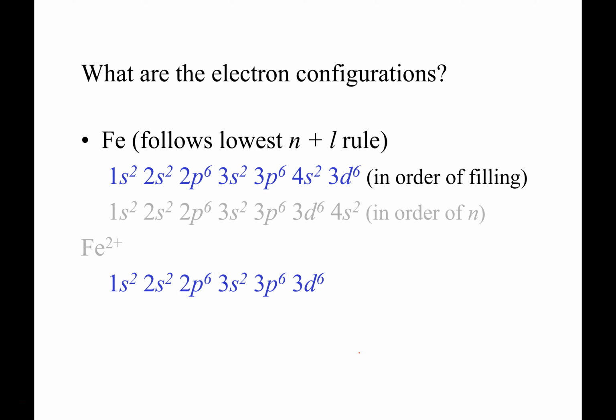But the highest L would be our D. So when we go from the +2 cation to the +3, kicking off 1 more electron, you can see we've got 5 electrons now instead of 6 in the 3D subshell.